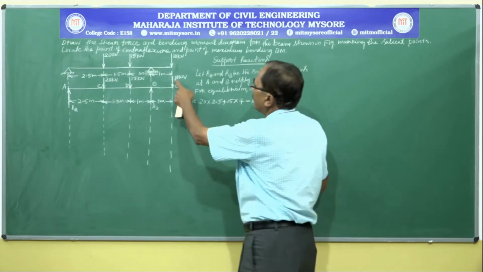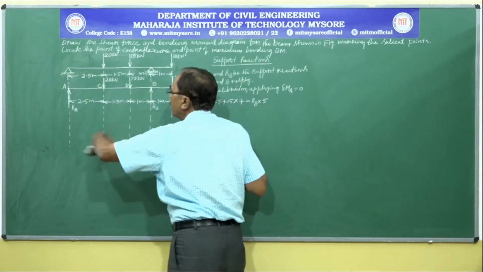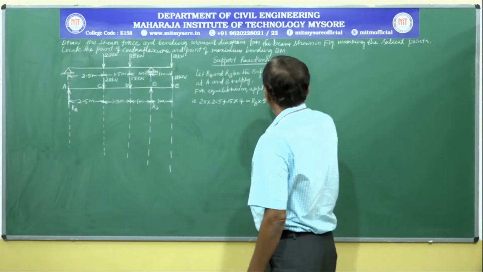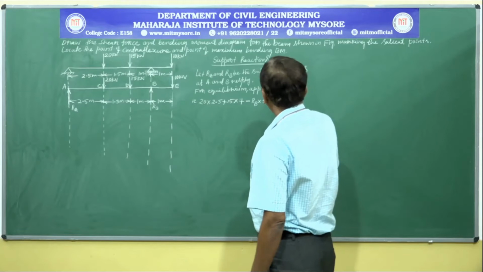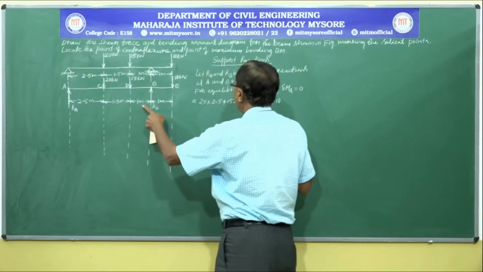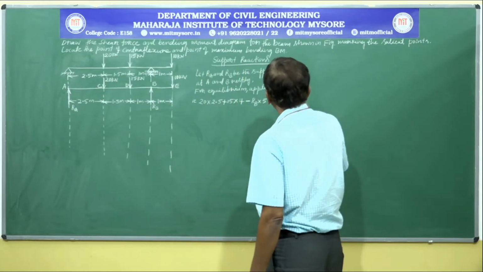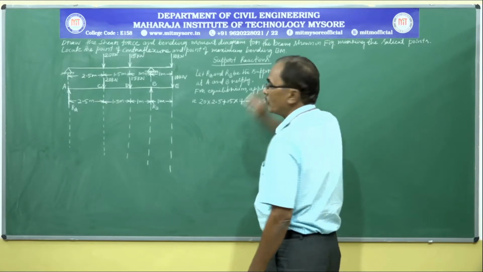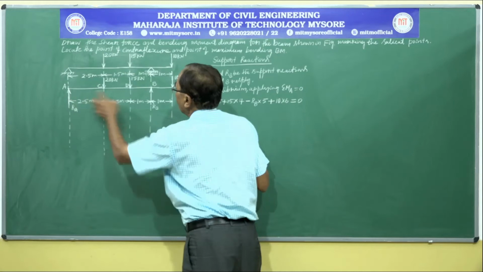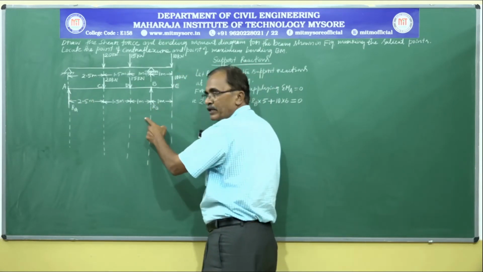Lastly, the 10 kilonewton force acting at the free end will rotate the beam in the clockwise direction, hence it is positive: plus 10 into 4 plus 5 plus 1, that is 6, equal to 0. So there are 5 loads or forces here including support reactions.